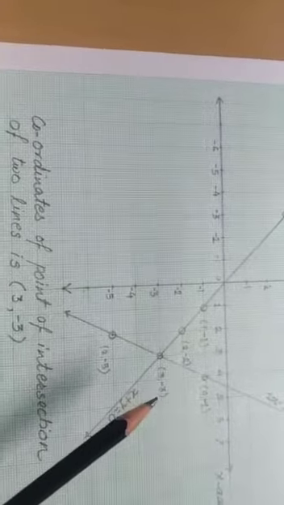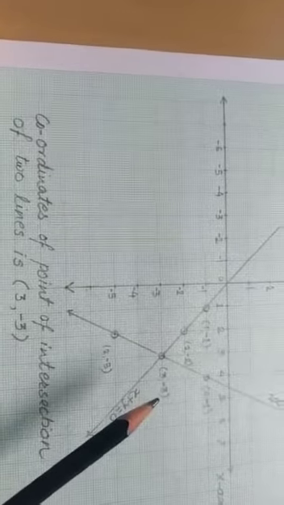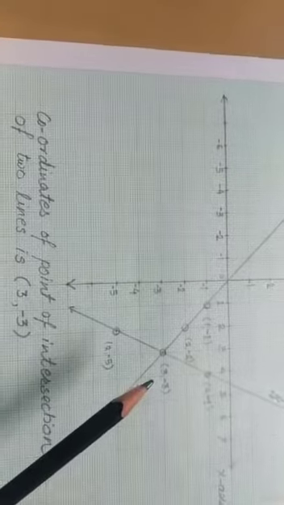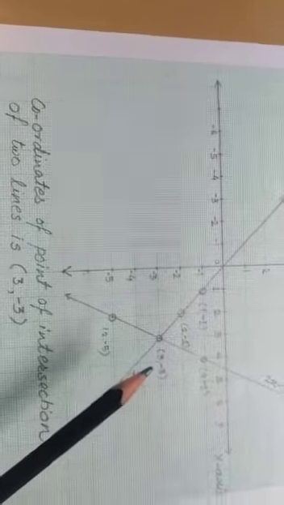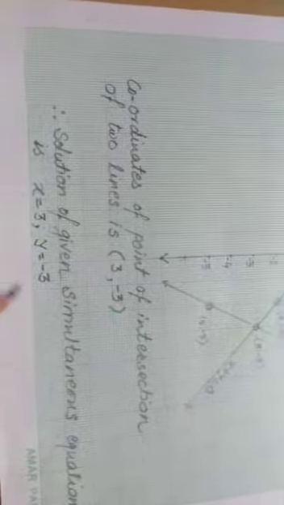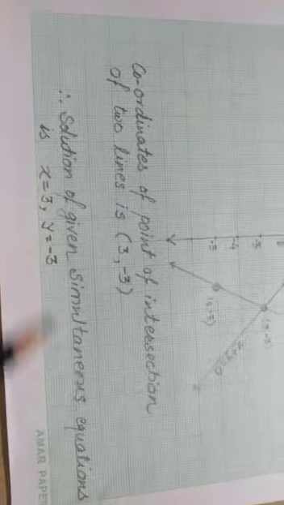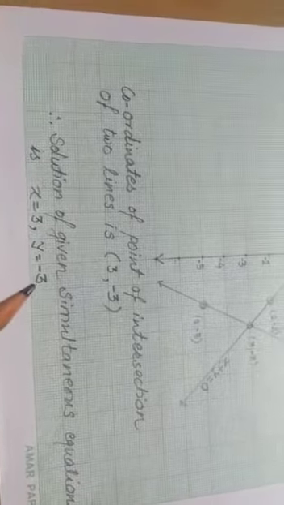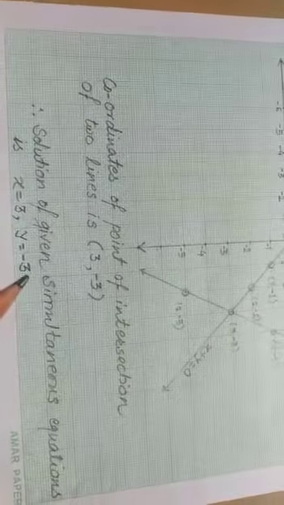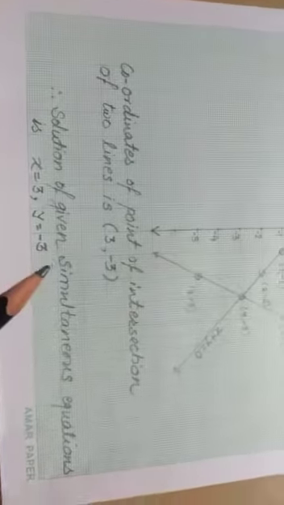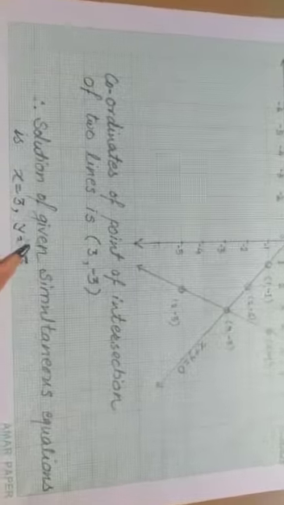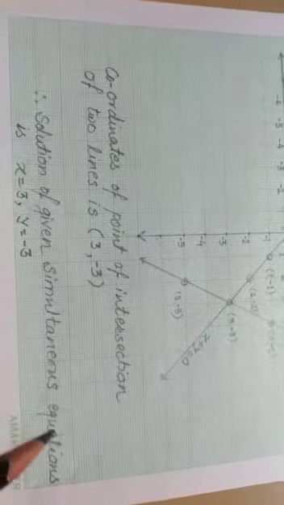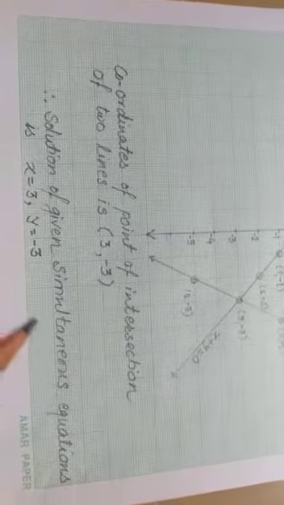These values, x is equal to 3 and y is equal to minus 3, satisfy both the equations. Hence, solution of given equation is x is equal to 3 and y is equal to minus 3. In this way, we find the solution of given simultaneous equation by graphical method.